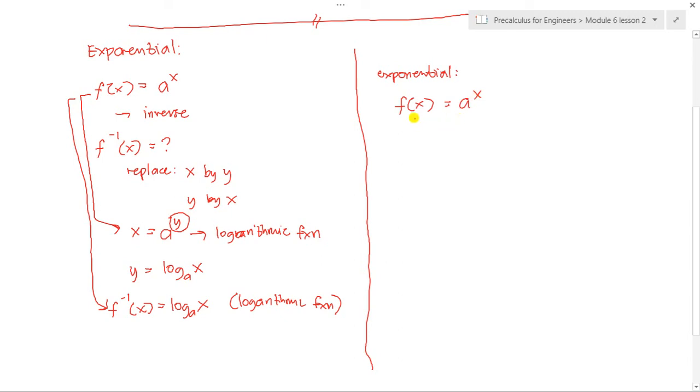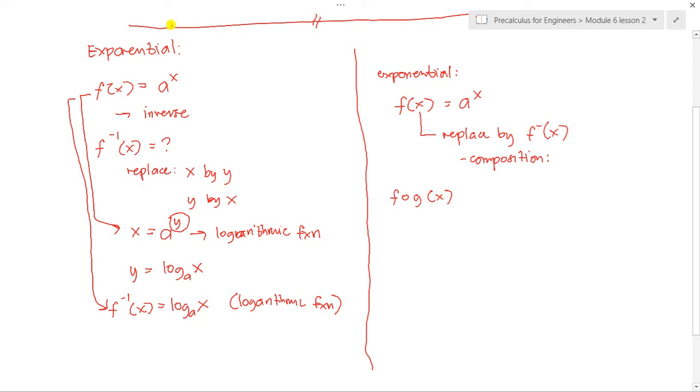Now, for the value of x, you replace it by the f inverse of x, which is known as the composition. The operation on our functions is composition, f composed with g of x.